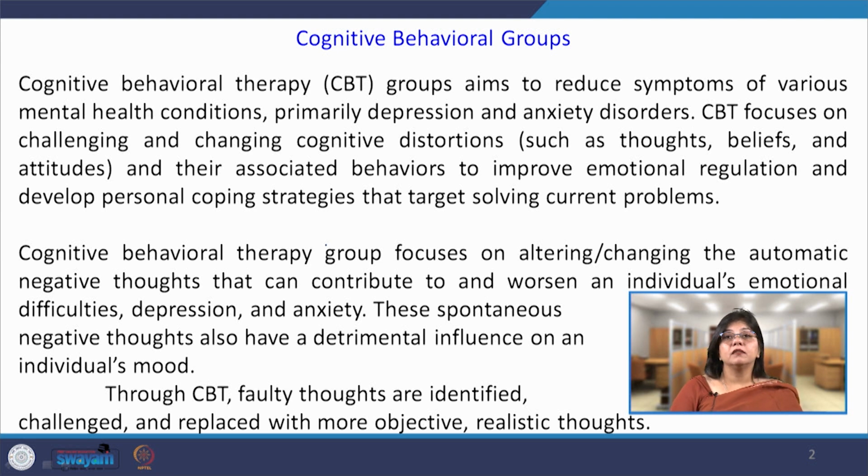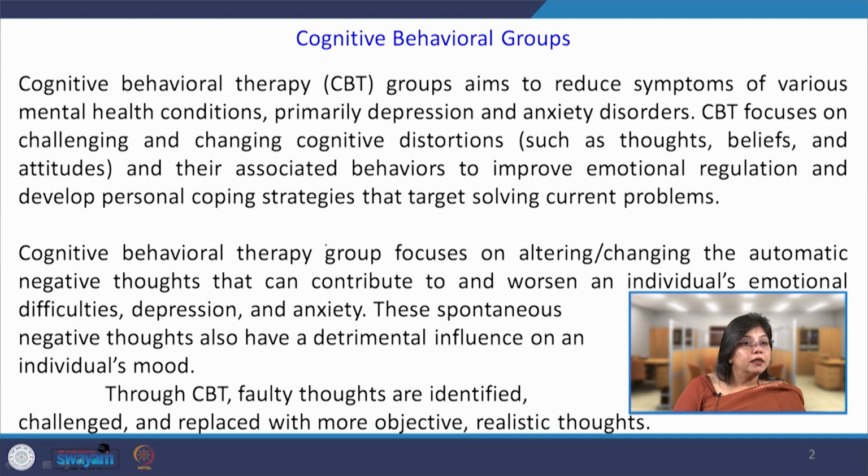This is the base or aim of cognitive behavioral groups and therapy: what the aim is and how it can be reduced to a minimum level. So, the focus of the cognitive behavioral group is to change, alter and challenge the cognitive distortions, improve emotional regulation and develop personal coping strategies that solve current problems.